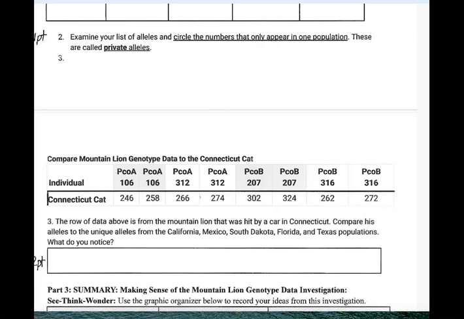So it matches most with the South Dakota data. All right, so that's what you should be writing there.